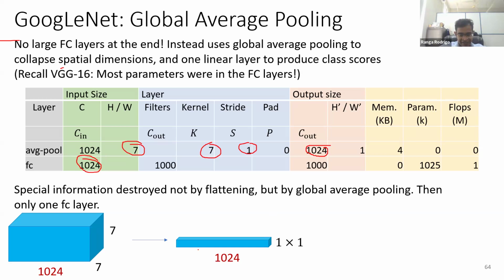When you do that, you get the output size as one by one, and of course, the number of channels is 1024. So this is a spatial collapsing operation. It's called global average pooling. This thing you use to classify.